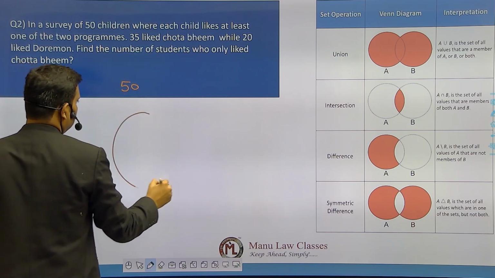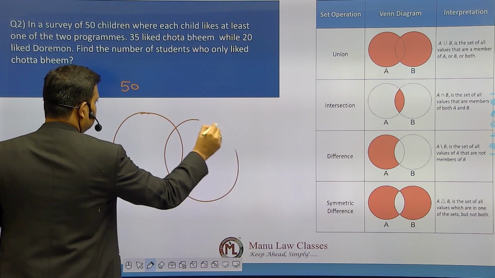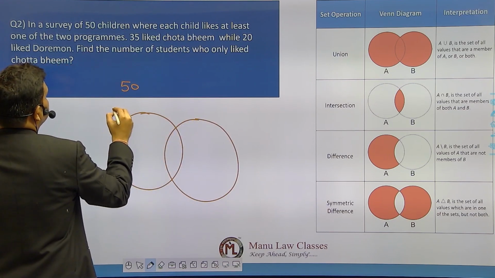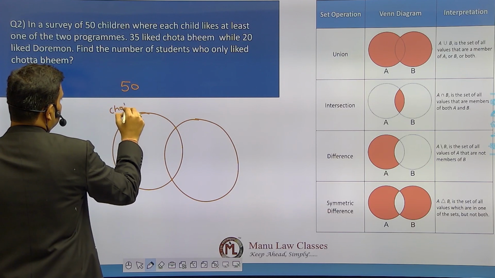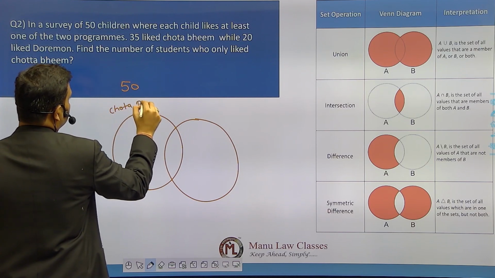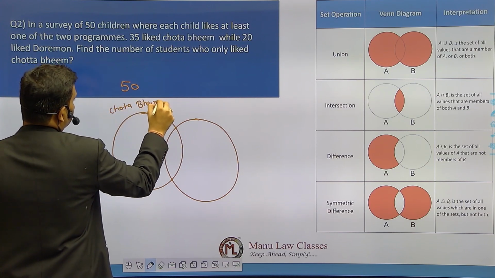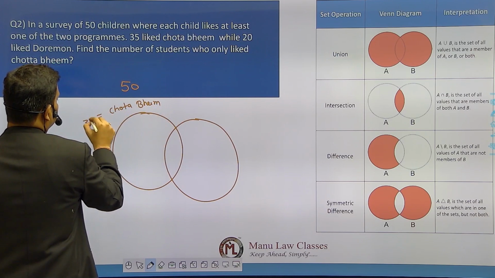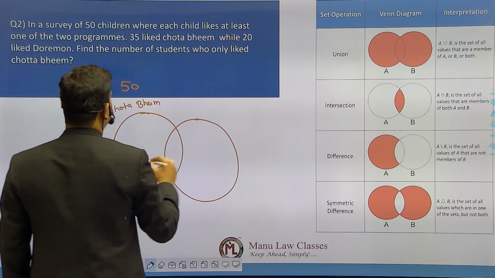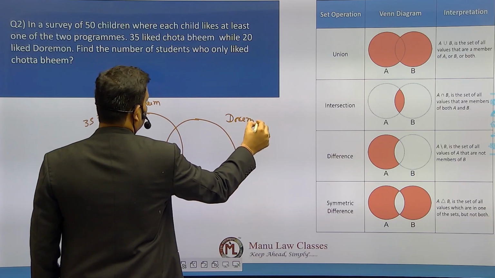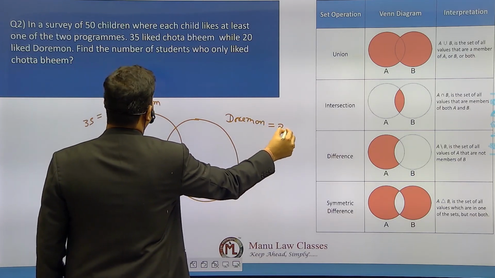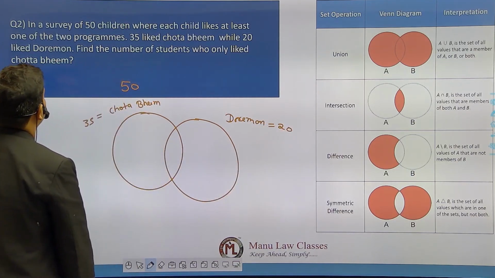So in this circle, 35 like Chhota Bheem, and this is 35. 20 like Doraemon, and this is 20. Correct?